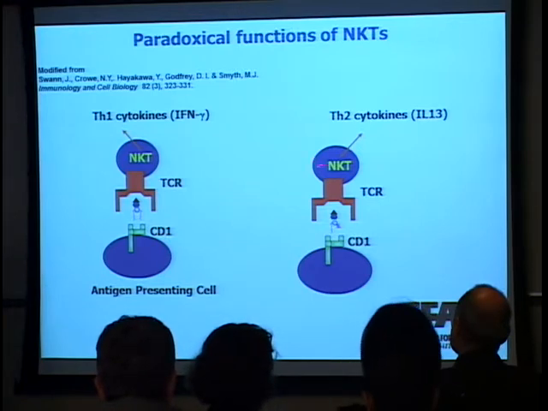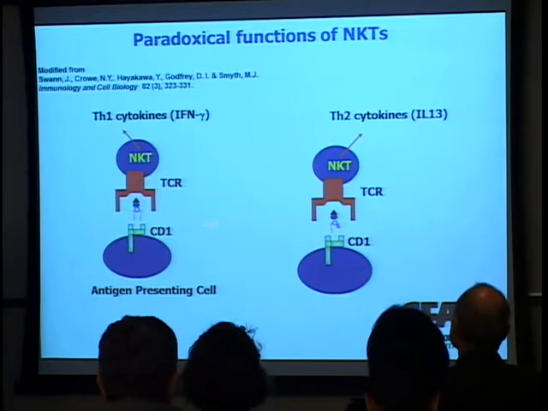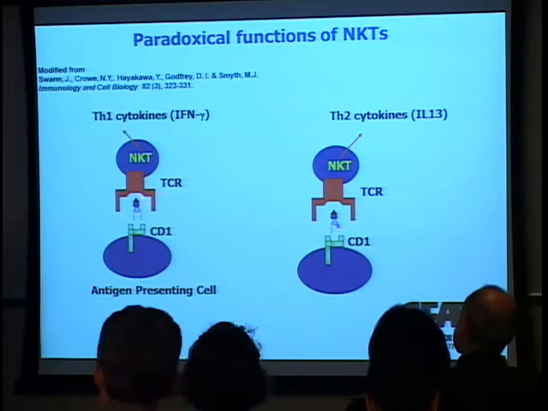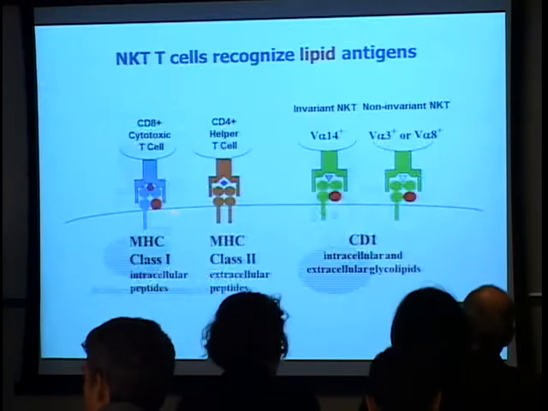In some other disease conditions, NKT cells produce Th2 cytokines. So overall, it is a type of Th0 cell. In different settings, they may differentiate into either Th1 or Th2 directions.